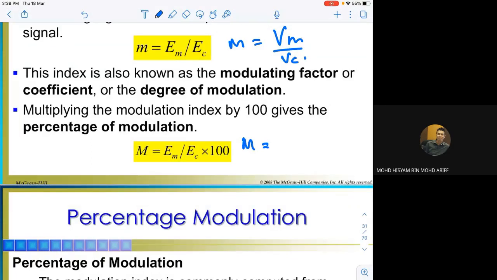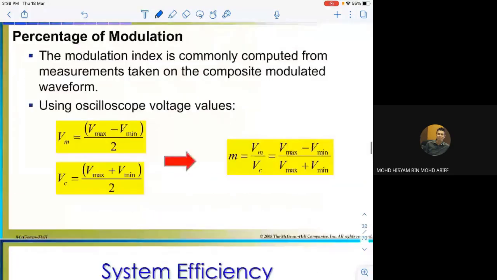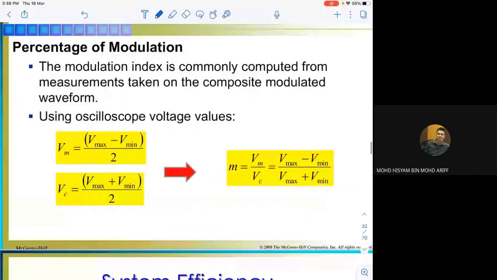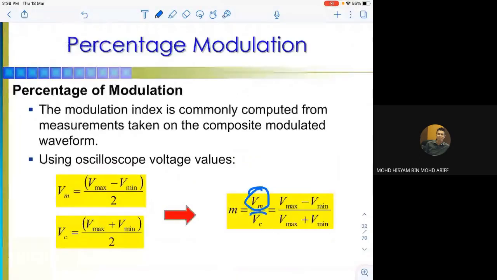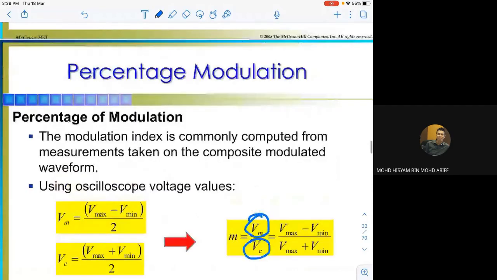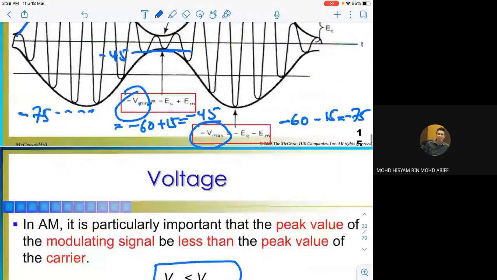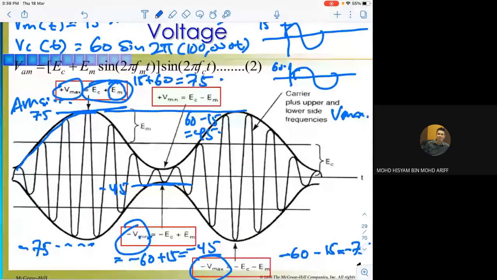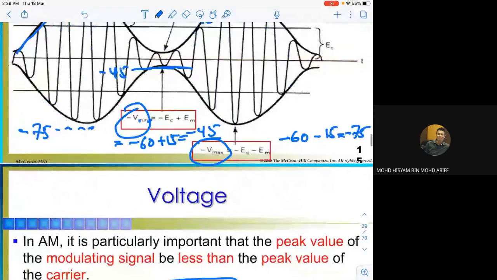And then this is the new thing: M equals Vm over Vc. At the same time, how to get Vm? Vm equals Vmax minus Vc.